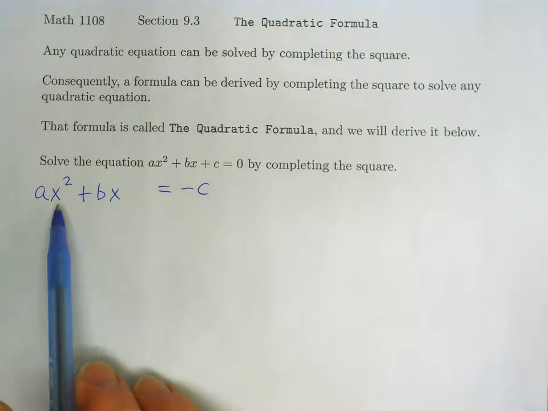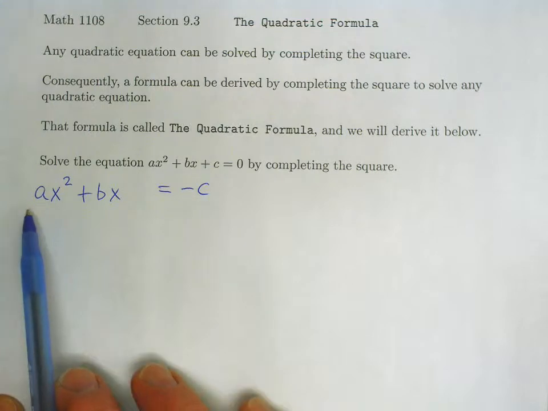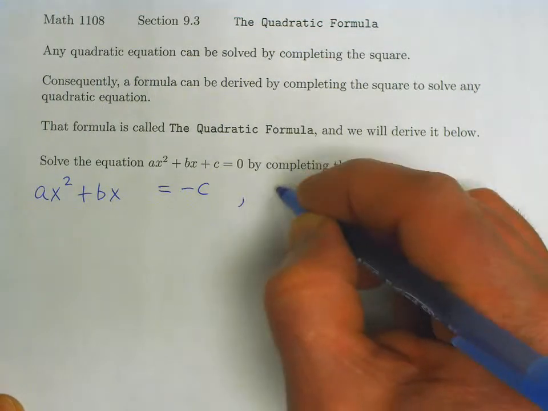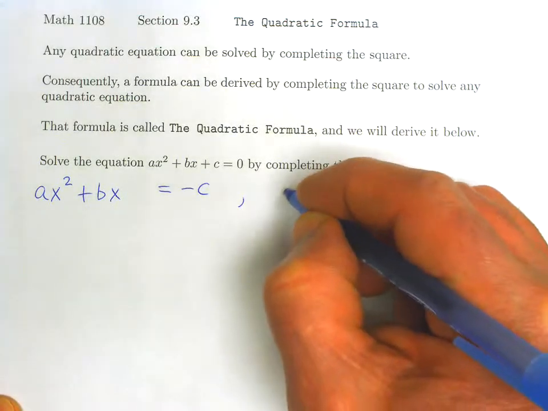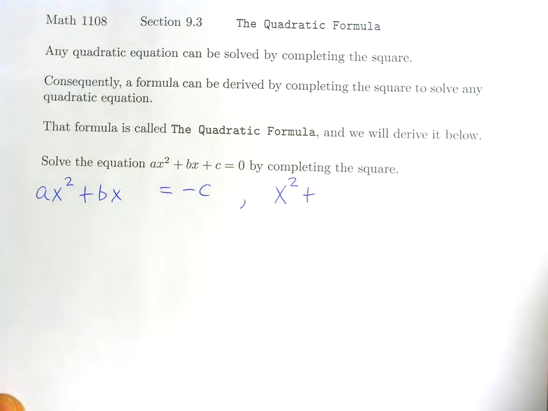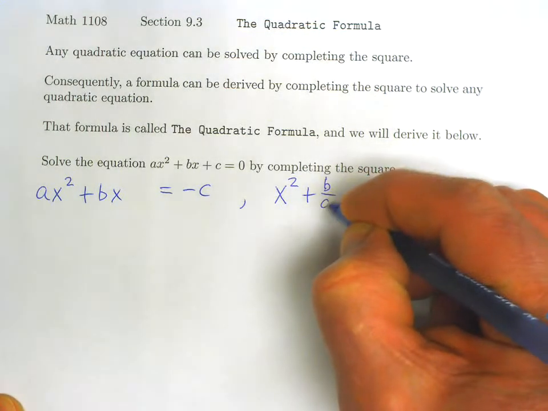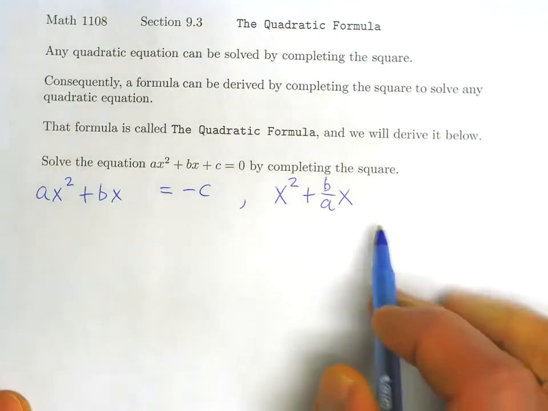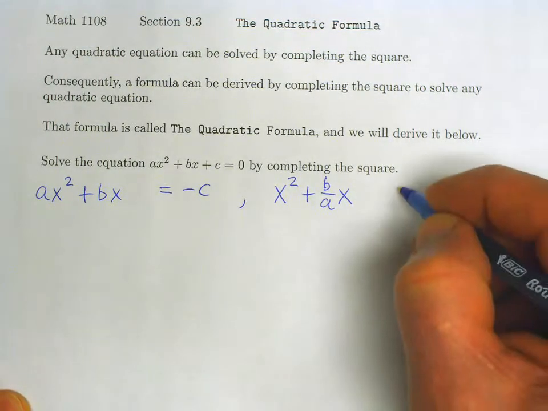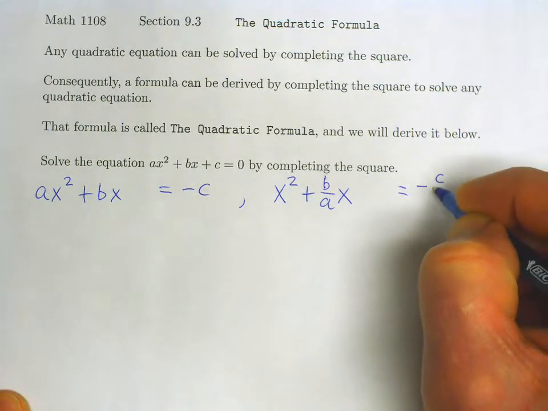The coefficient of the x squared term is a, so in the next step, we're going to divide every term on both sides by a. ax squared divided by a is x squared, and then bx divided by a we write as plus b over a x. Leave some space for the completing the square part, and that's equal to the negative of c over a.